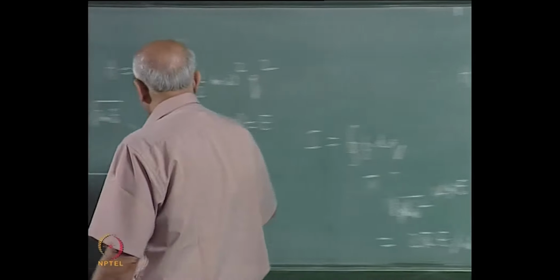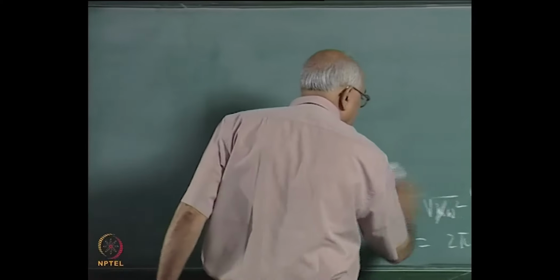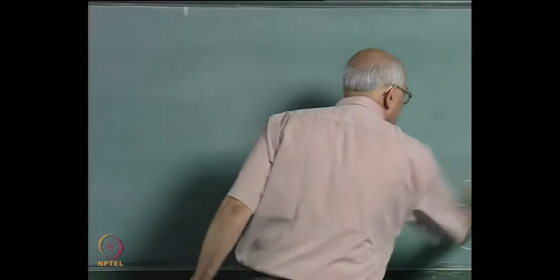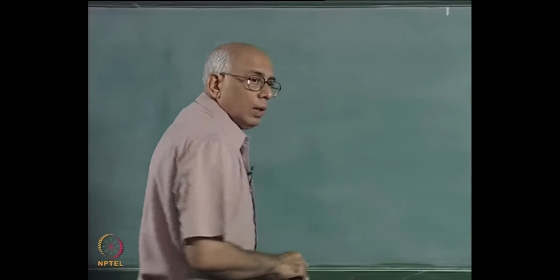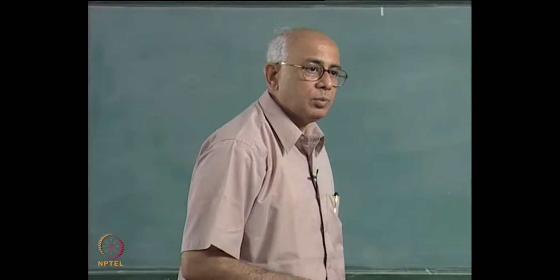Let me also mention that you can find the action for unbounded motion. Let me give an example of it. You could have unbounded motion and then ask for what the value of the action is for such motion.